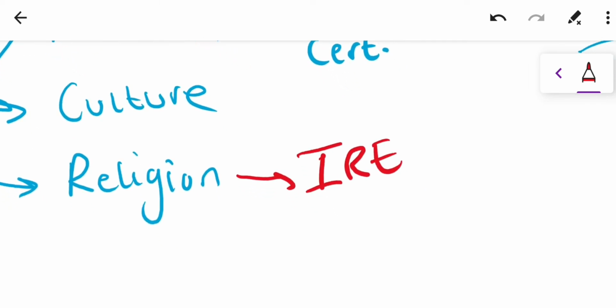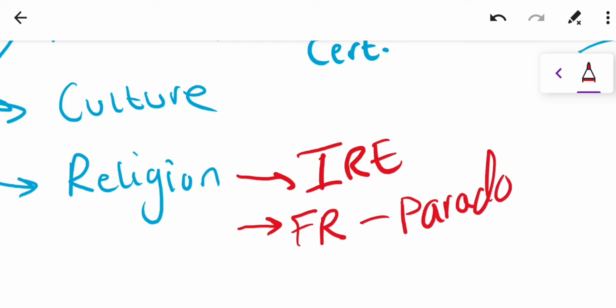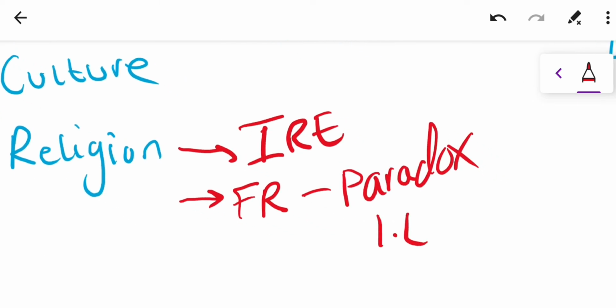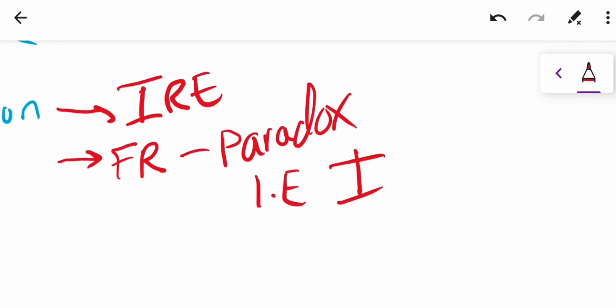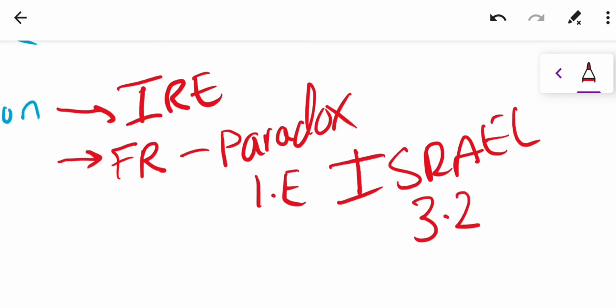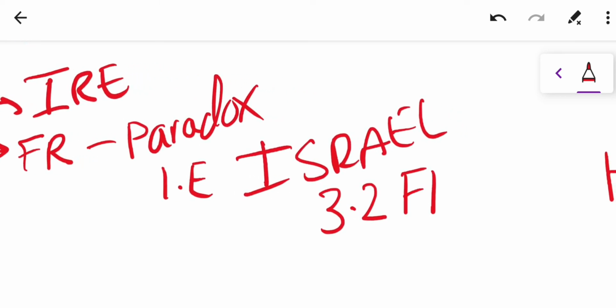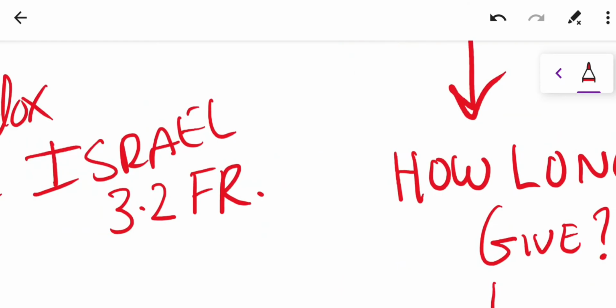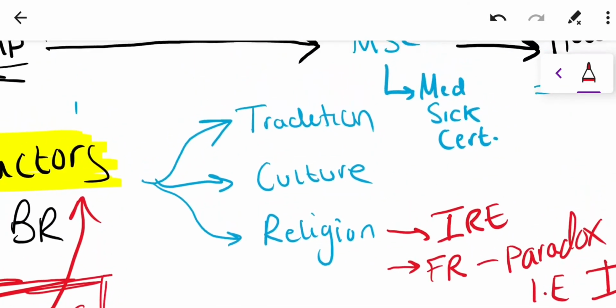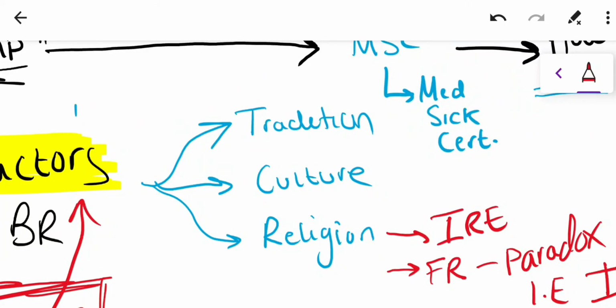And then if we look at fertility rate, which I know is not the same thing, we have a paradox, i.e. Israel, 3.2 fertility rate. And culture and tradition, yeah, it's kind of tied in with religion.